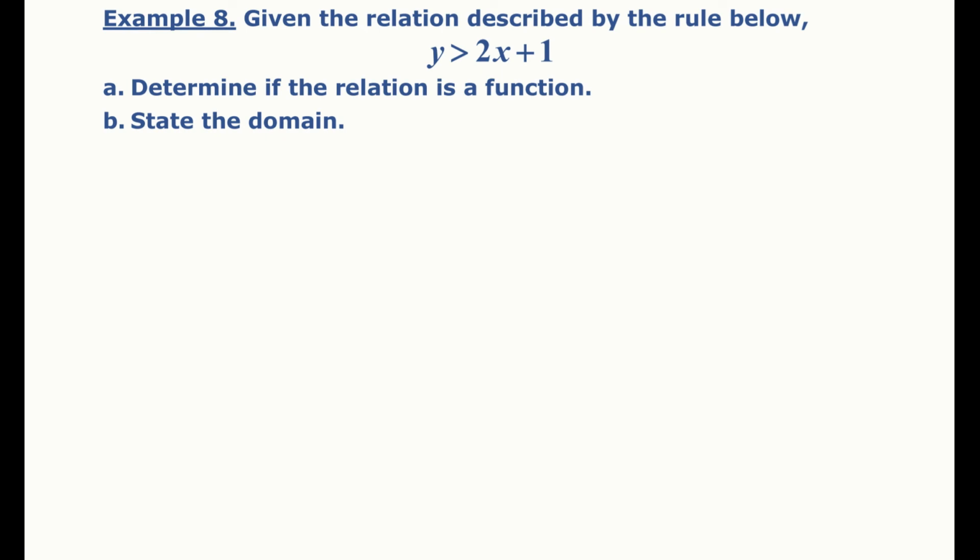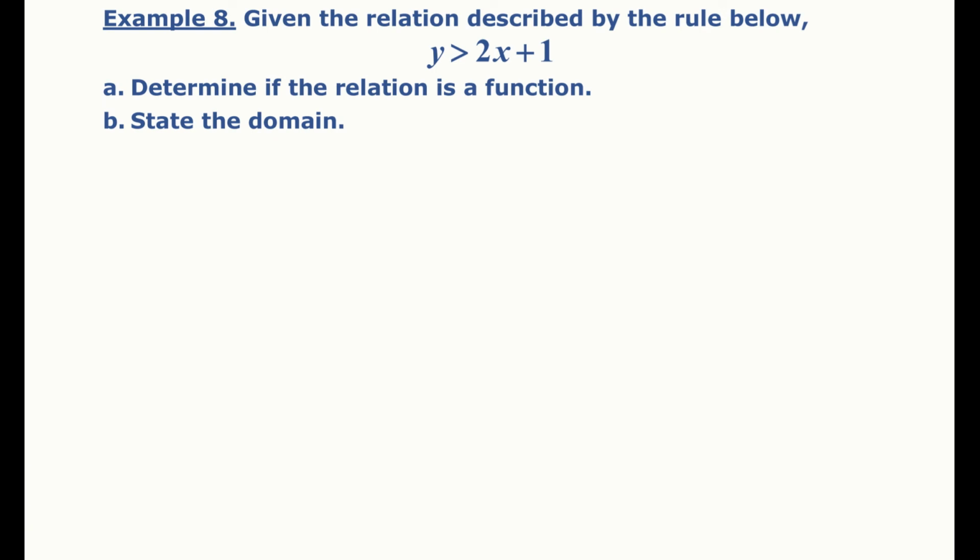All right, so we're going to look at a slightly different rule to see if this rule defines a function as well. This is quite different though, even though this seems very similar to the previous one. That one was y equals 2x plus 1. This is y greater than 2x plus 1.